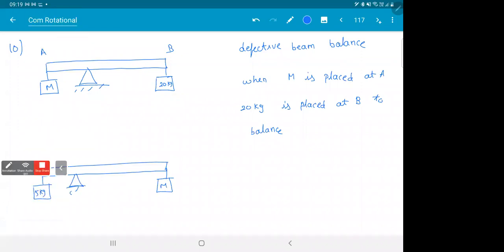See, if this was working properly, you should have seen the same number on both sides. If it was a proper balance, whether you keep it left or right, the value should have been the same. But you're getting one as 20 and one as 5. When M is placed at B, you're getting 5 kg to balance.